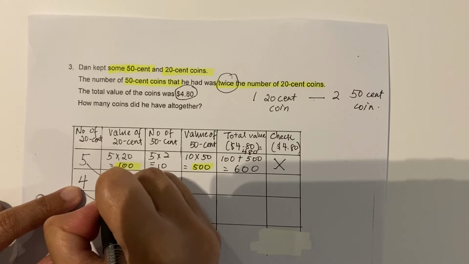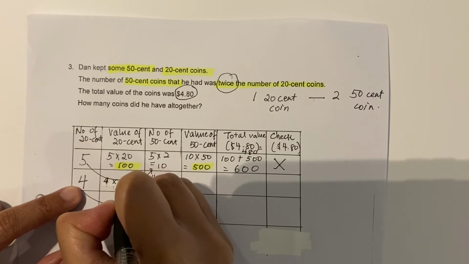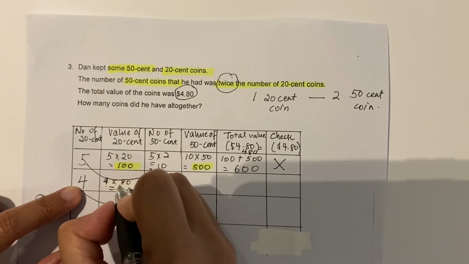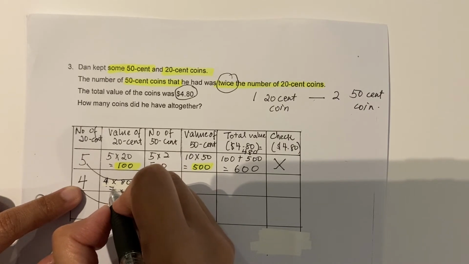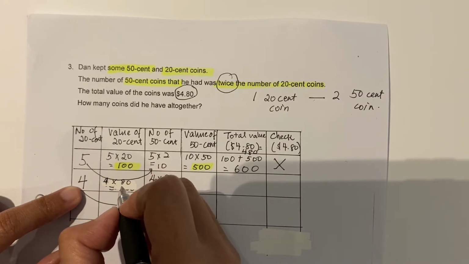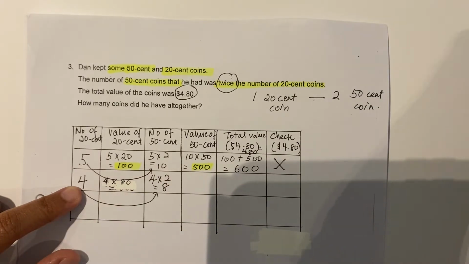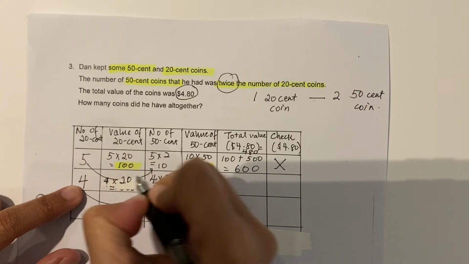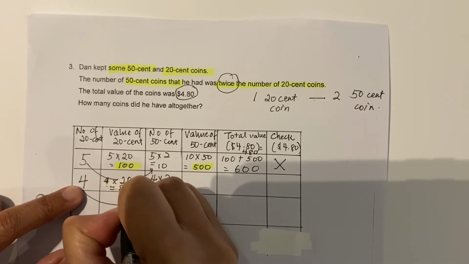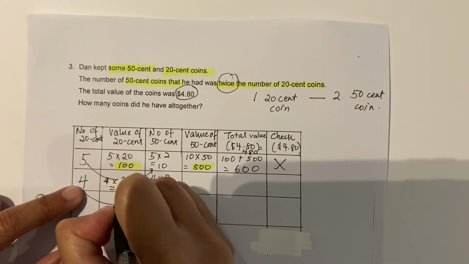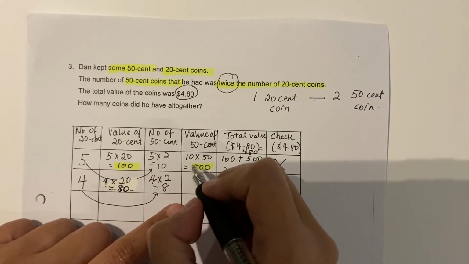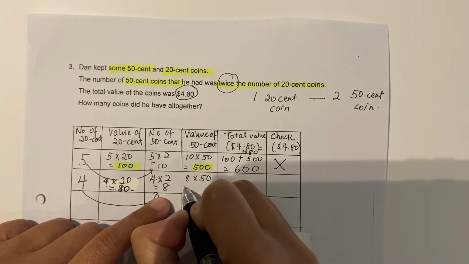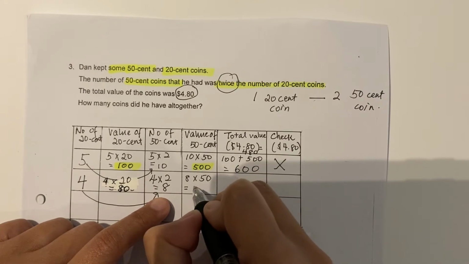Here will be 8 times 50, and that's 400.